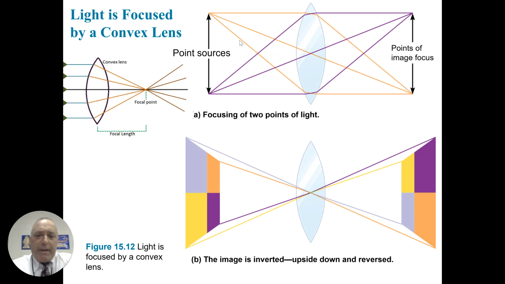If you have 2 points of light, you can see how the image flips, and so it'll start at the top here. The light goes straight through the lens, but it will bend in other places. And so the end result is the image on the retina is inverted. It's upside down and reversed.